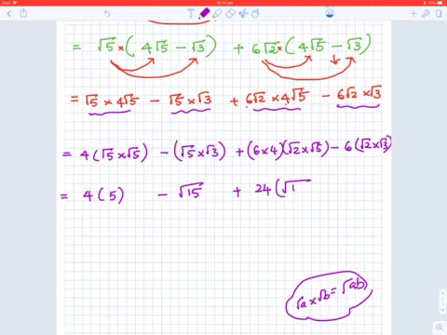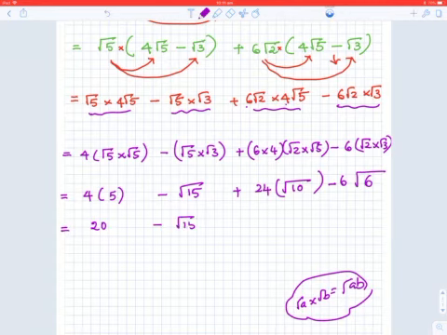Then plus 24, then root 2 times root 5 is root 10. Then minus 6, root 2 times root 3 is root 6. So now if you expand, this is 20 take away root 15 plus 24 root 10 minus 6 root 6, and that is your answer.